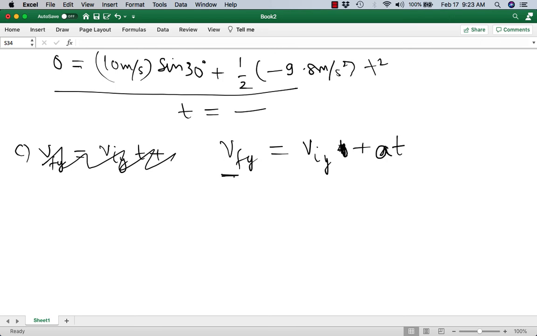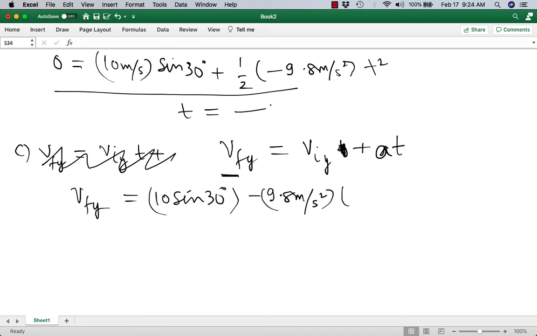So v final y is equal to v_iy, which is 10 sine 30 degrees, because that's the initial velocity, and then a is negative 9.8 meters per second squared, and then t is whatever t you get from here, you plug that in here. Okay, that'll give us that.